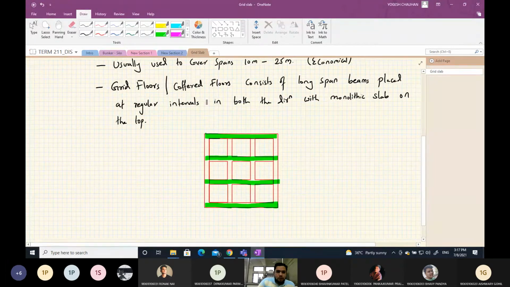In the same way, we have beams in the perpendicular direction, and there are no columns.